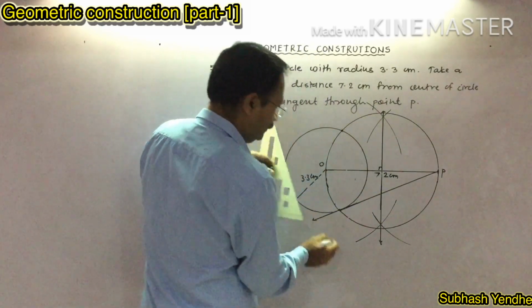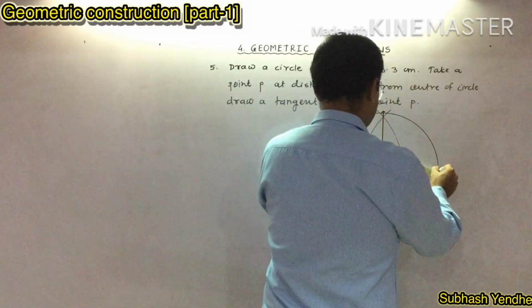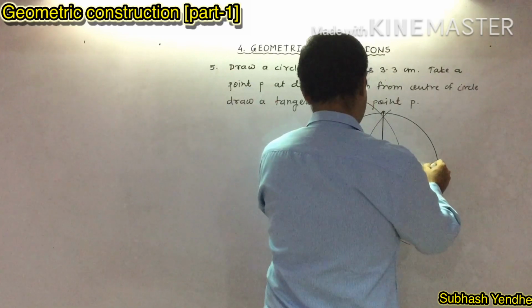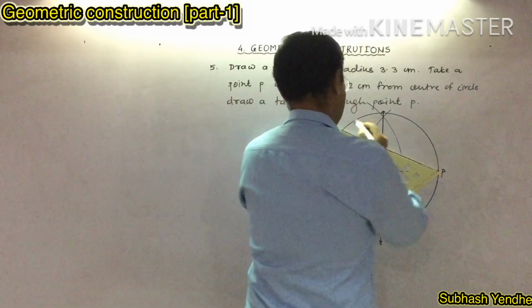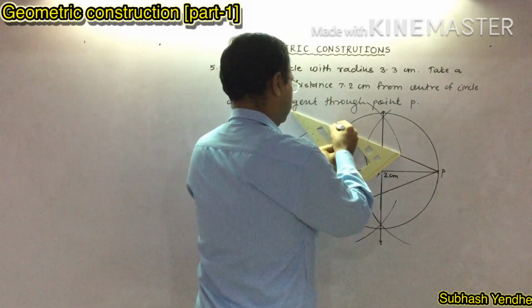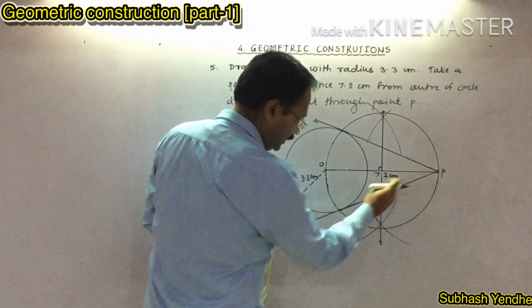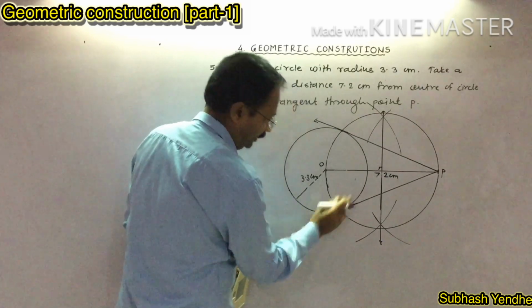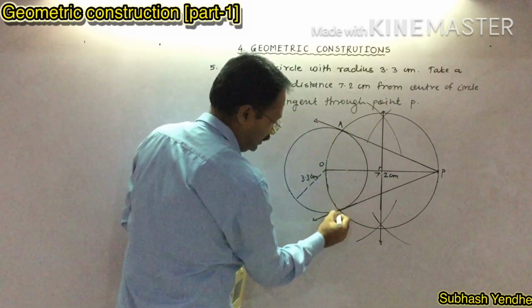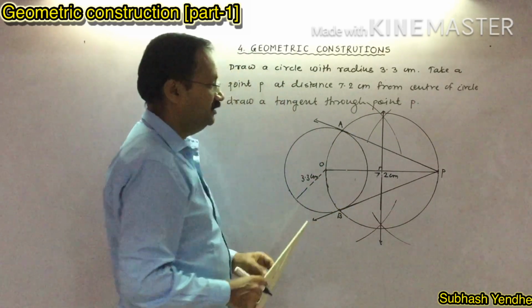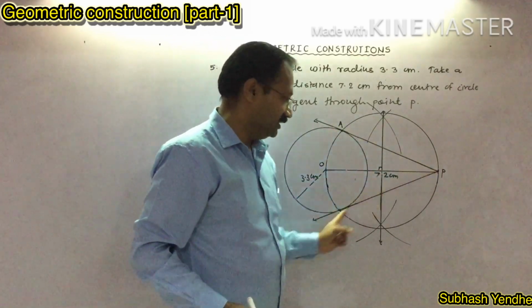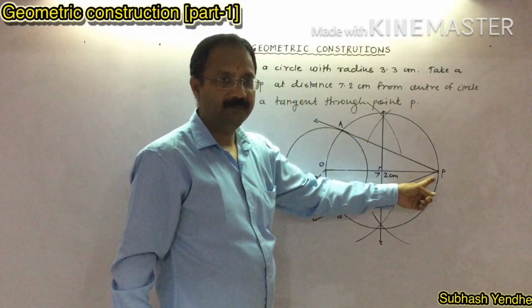Okay, so this is the one tangent and this will be the another one. What I have done? Join the point P and the intersection point. I am going to give the name A and B. These are the two tangents from the point P.